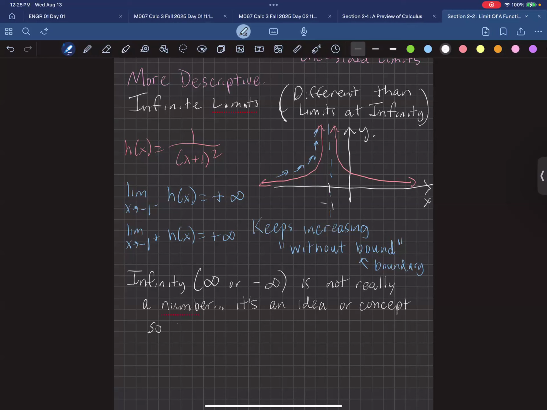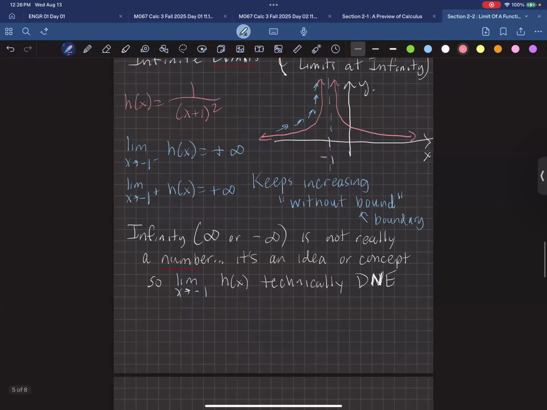So the limit as x approaches -1 of h of x technically does not exist, DNE. But we don't say that. That's not helpful information. We tend to say the limit as x approaches -1 of h of x equals positive infinity.